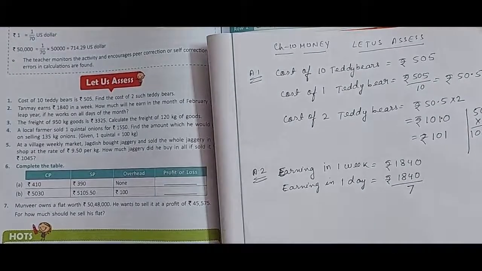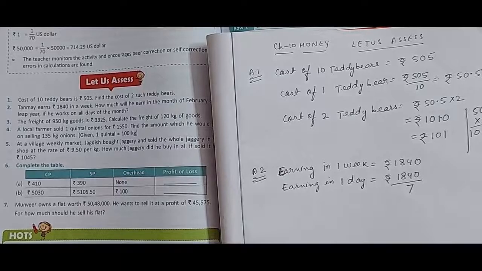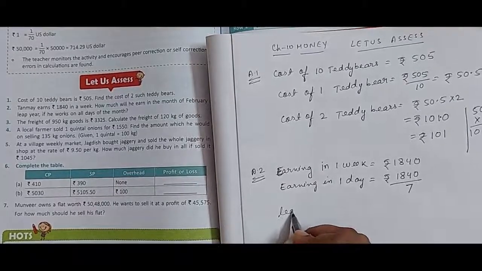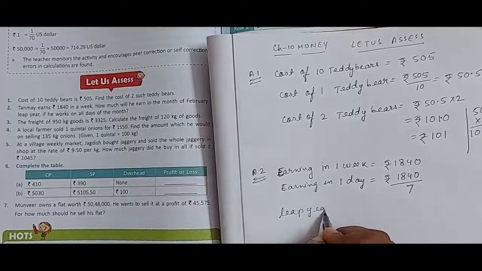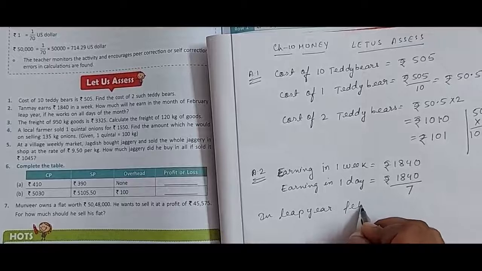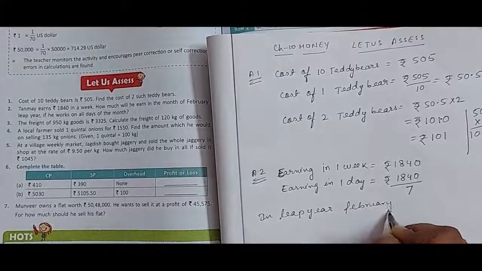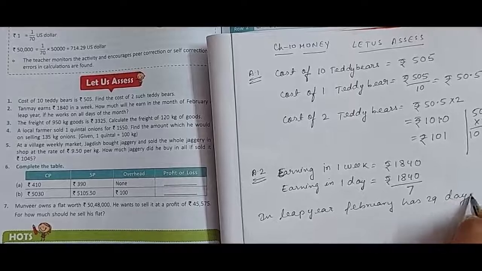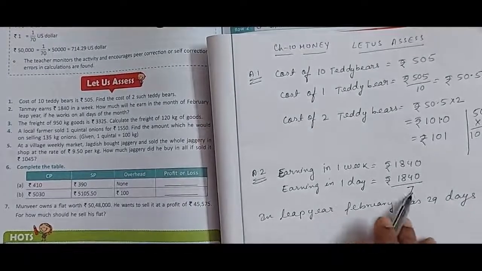Now, February has how many days in a leap year? In a leap year February has 29 days. This we have to remember. So earning in 1 day is this much.